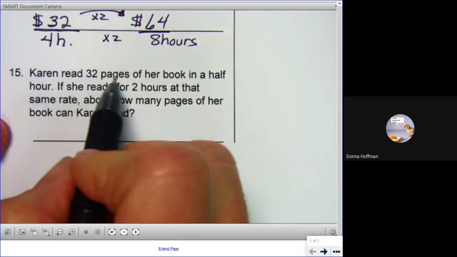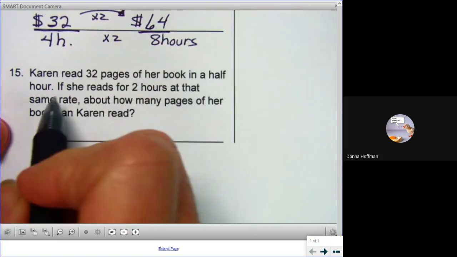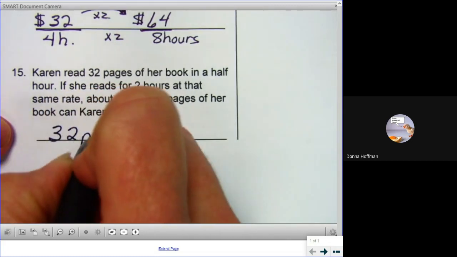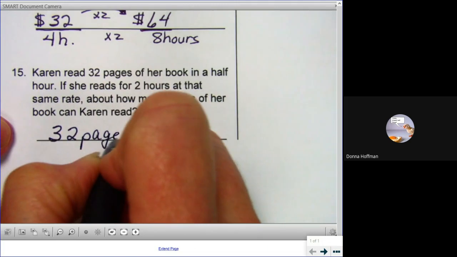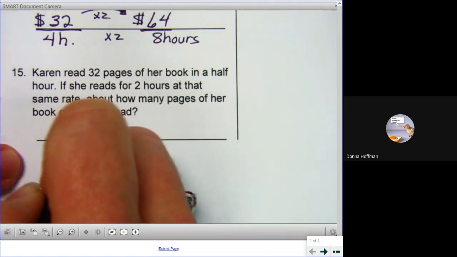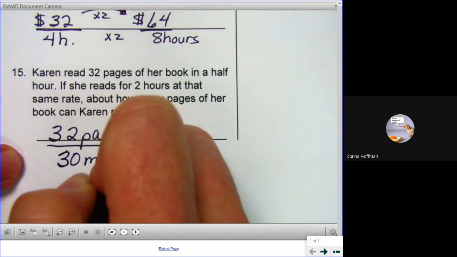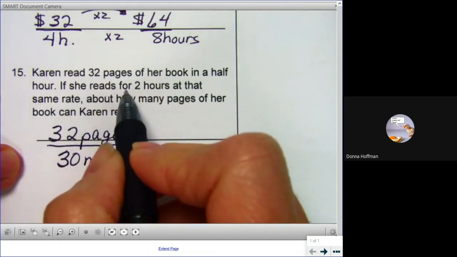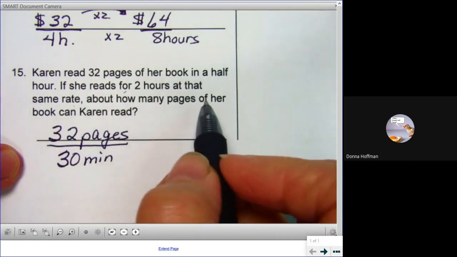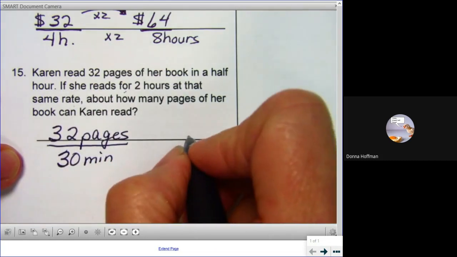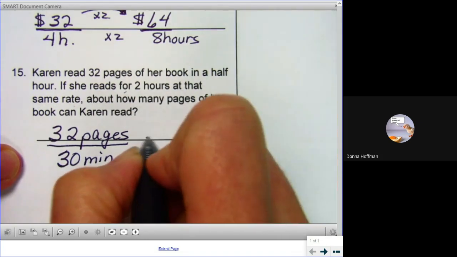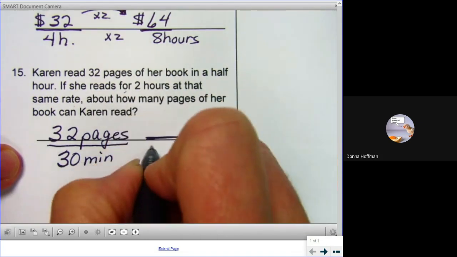Karen read 32 pages of her book in half an hour. Half an hour is 30 minutes. If she reads for 2 hours at that same rate, how many pages can she read? Okay, so it says 2 hours is where we're going. So I probably need to take this here to 1 hour.